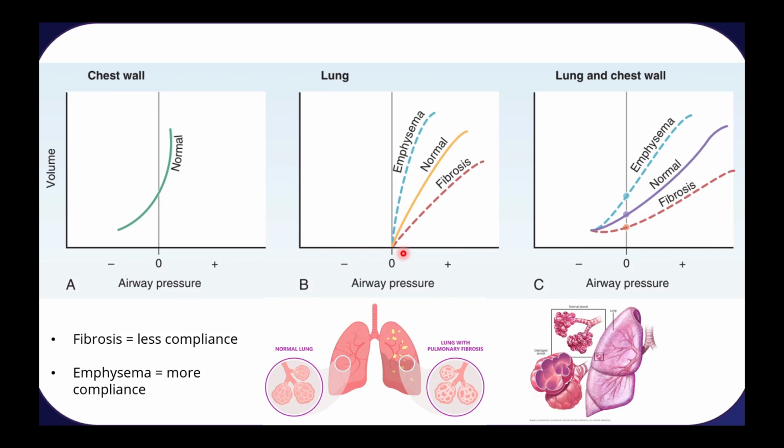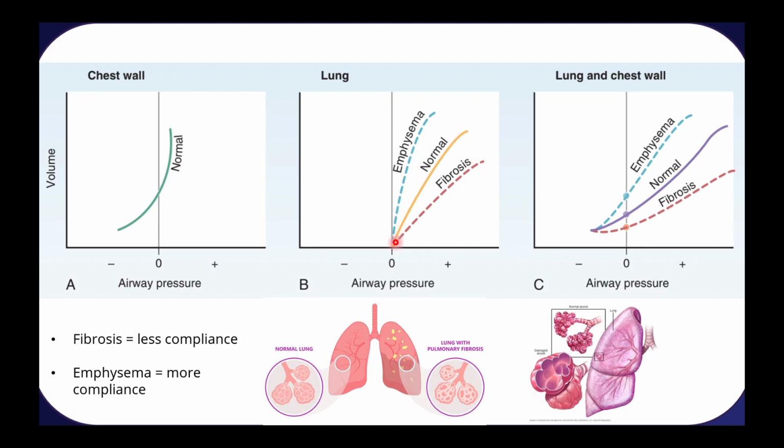Fibrosis basically means that we are changing the normal tissue of the lungs and replacing it with fibrous tissue. So this will of course decrease the compliance, and that's why here we have a line with lower slope, which indicates lower compliance.